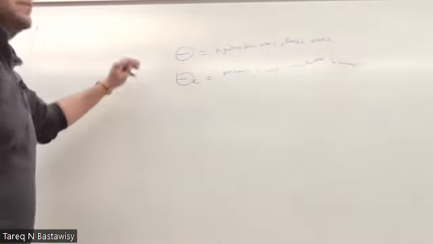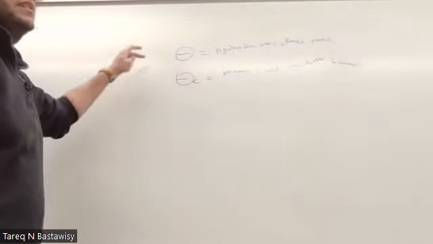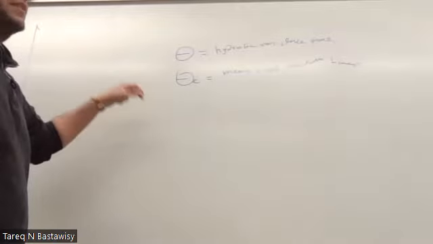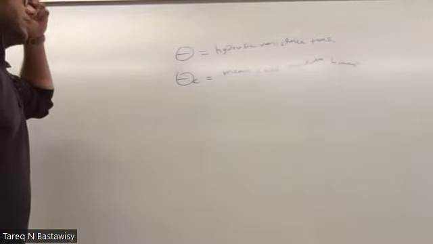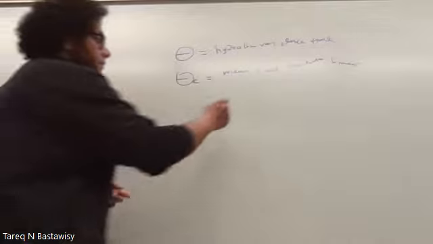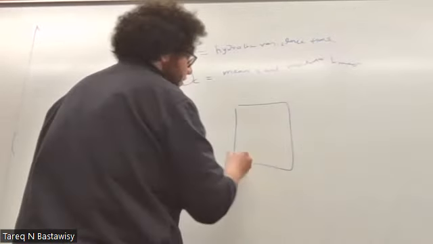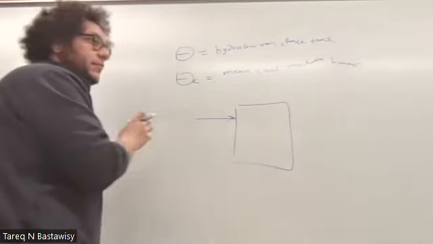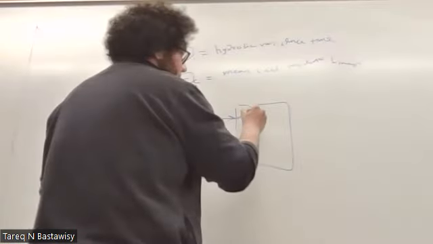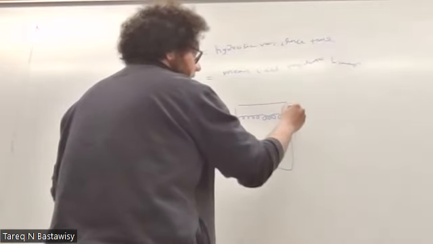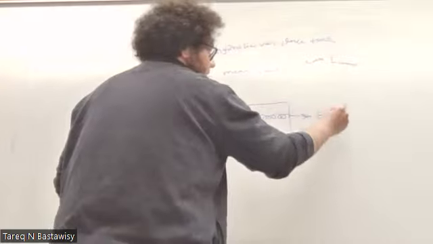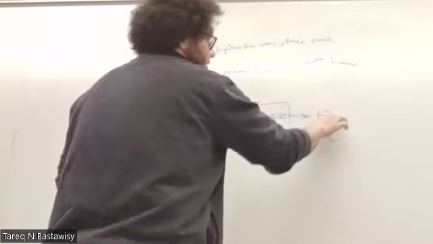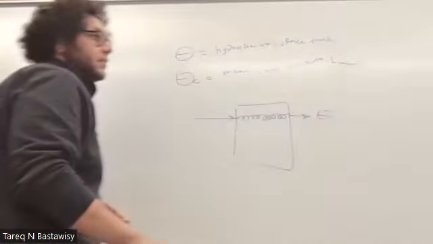So I was just talking about the difference between theta and theta C. Conceptually, if you have a tank with liquid flowing through, the time the water takes to come out is theta, the hydraulic residence time.